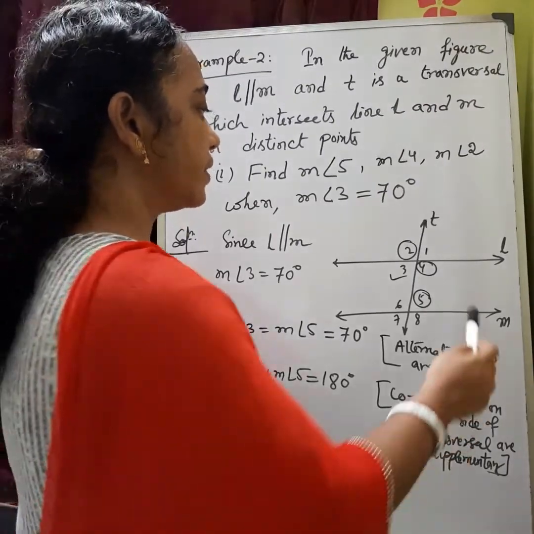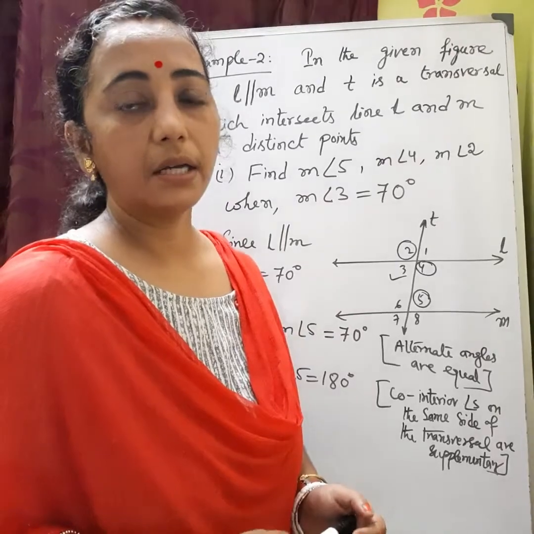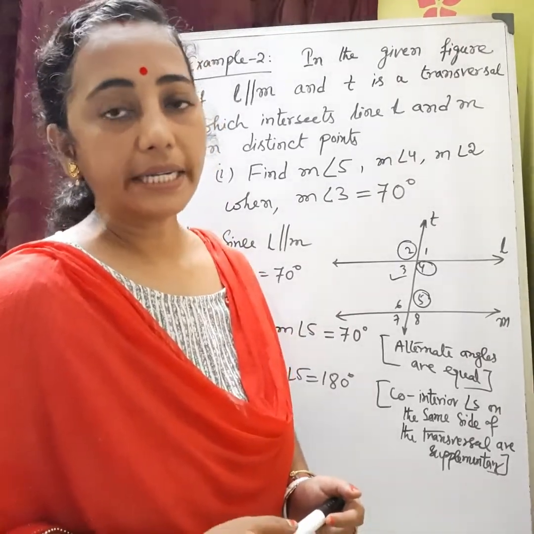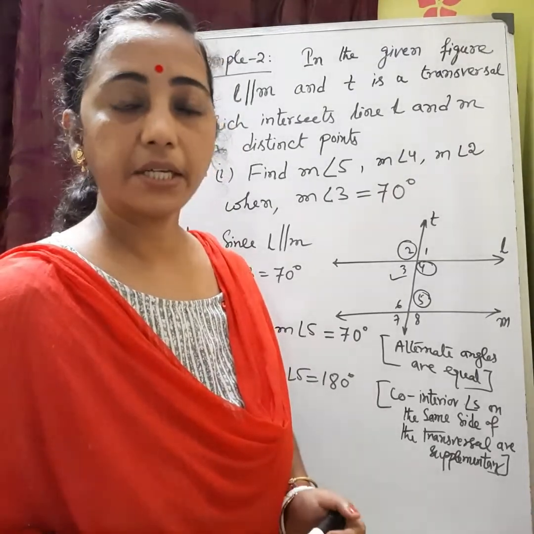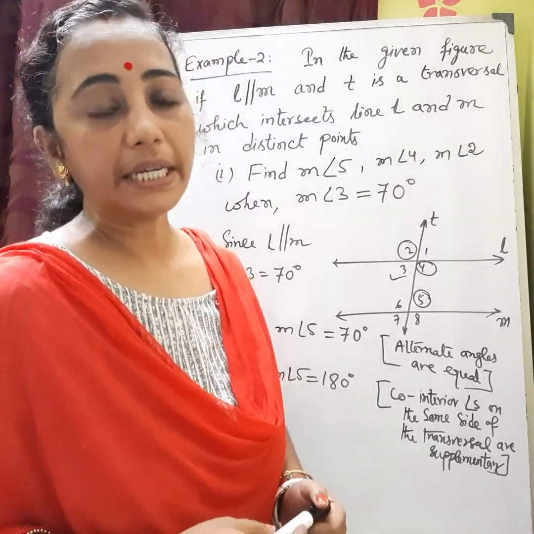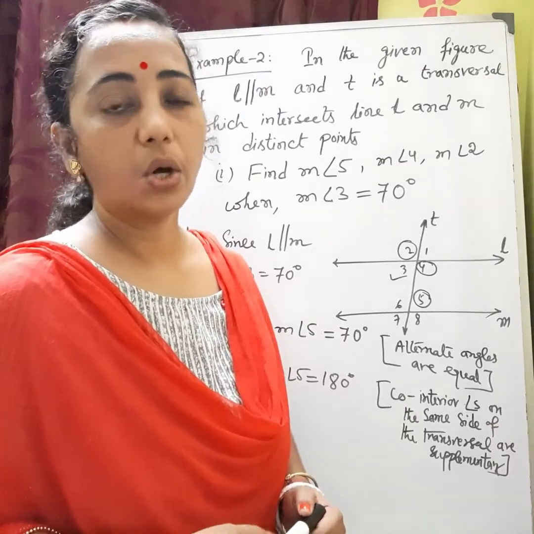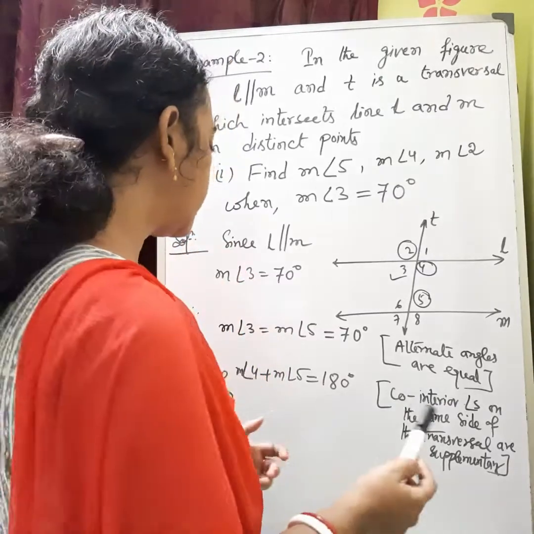As it is given that the two lines are parallel, we know that if two parallel lines are intersected by a transversal, then each pair of corresponding angles are equal, each pair of alternate angles are equal, and the sum of the interior or exterior angles on the same side of the transversal is 180 degrees. So let us use them.